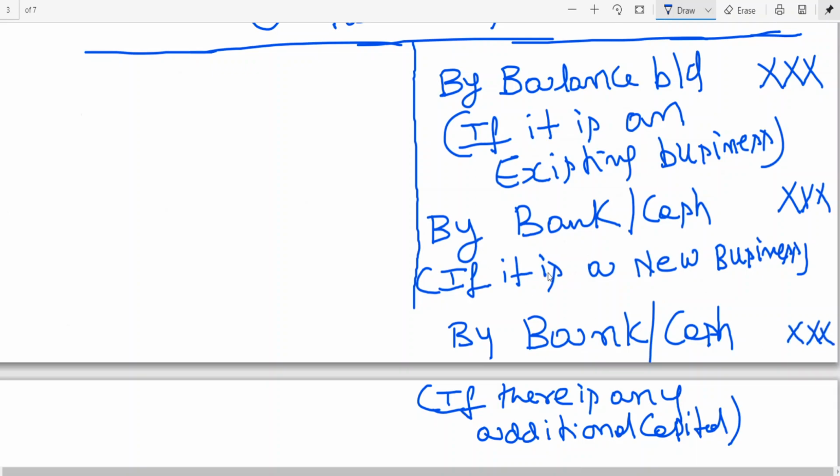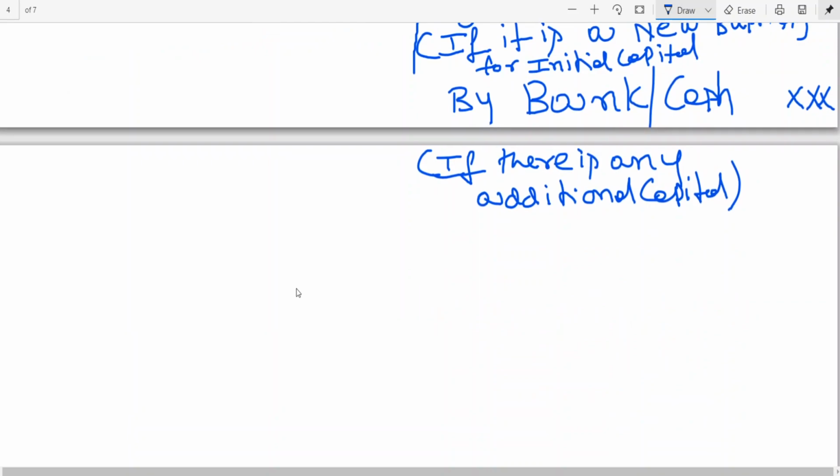For a new business, you write by bank or cash for initial capital, and you can understand the additional capital entry will be the same.